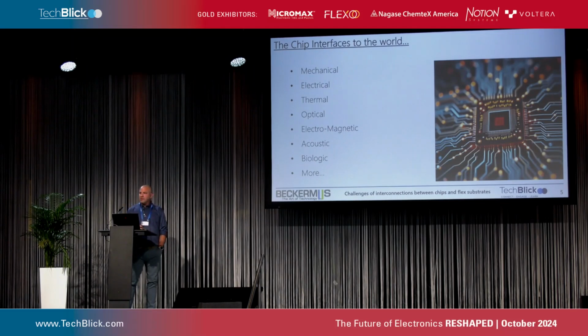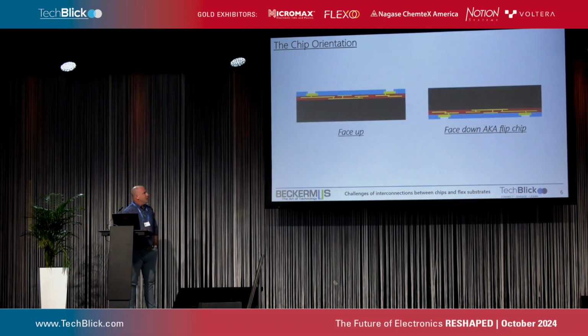And there are other interfaces like electromagnetic, acoustic, and biological. In the world of biosensors, you need to integrate your chip inside a body, for example inside the eye, and you need to choose the right materials in order to be biocompatible, so that no problem will occur inside the body when you put the chip inside.